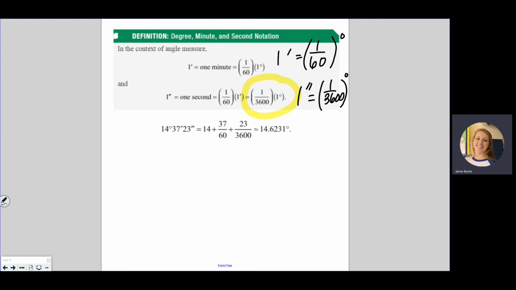And then I gave you an example down here of how you convert between degrees, minutes, seconds, and degrees.